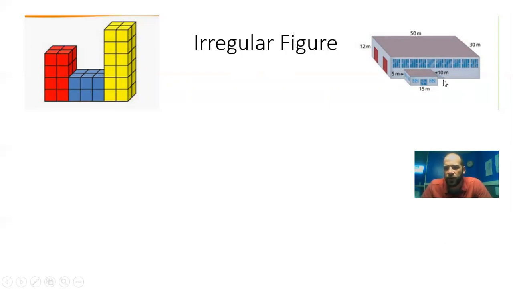So over here, you can see there's a length, width, height. And then you find that, and then you have length, width, height. And then you just add those together to find the total volume.